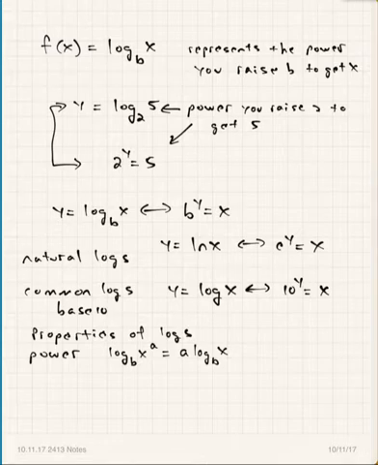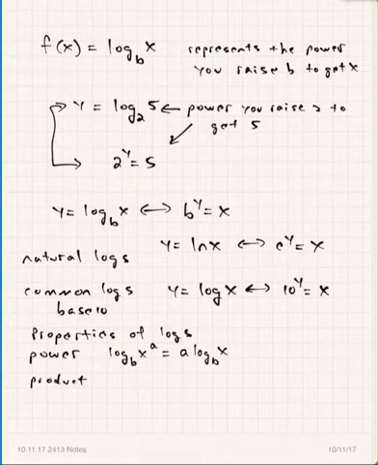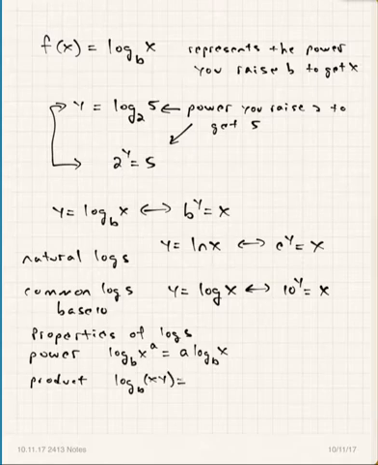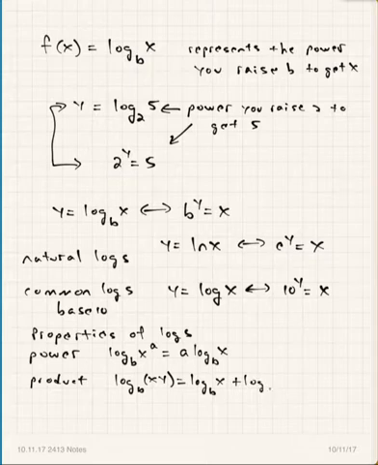You can look at the basis for all these laws in terms of rules of exponents, because logarithms represent exponents. The product rule is that logarithm base b of x times y is logarithm base b of x plus logarithm base b of y. The log of a product can be written as the sum of two logarithms.